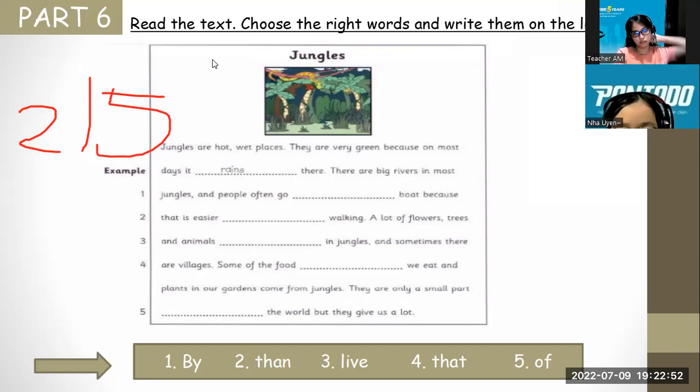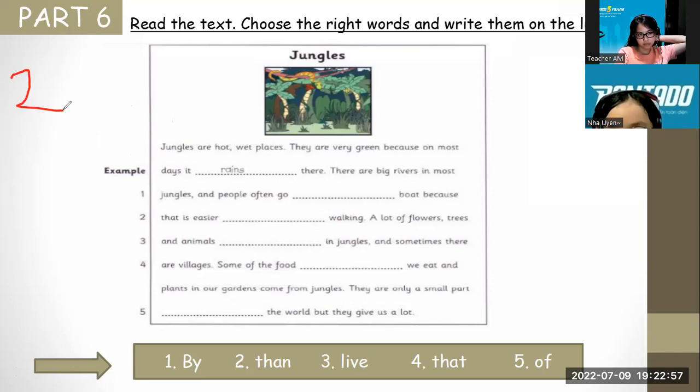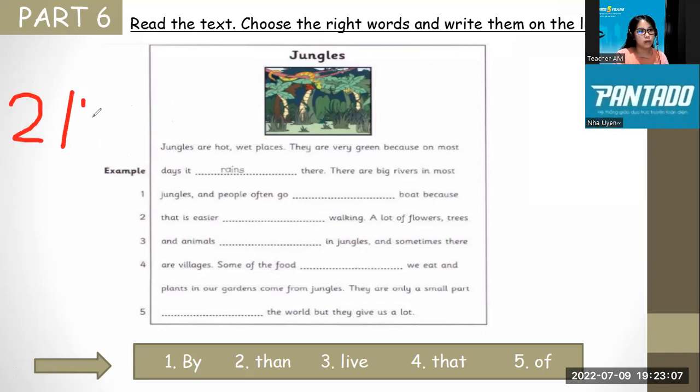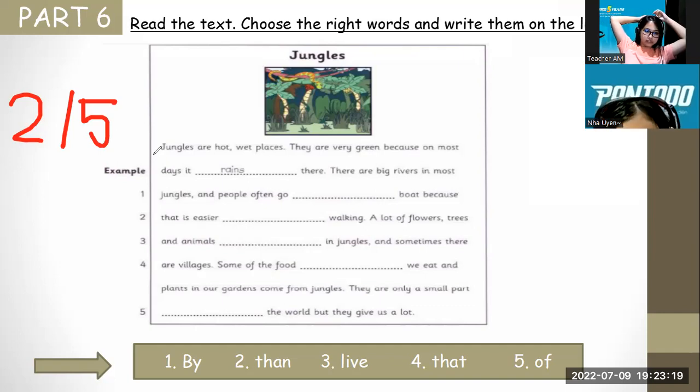Jungles are hot, wet places. They are very green because on most days it rains there. There are big rivers in most jungles and people often go by boat because that is easier than walking.